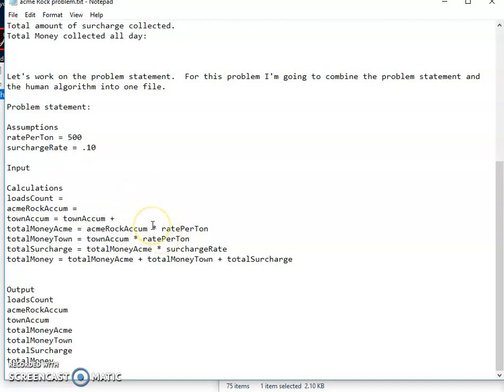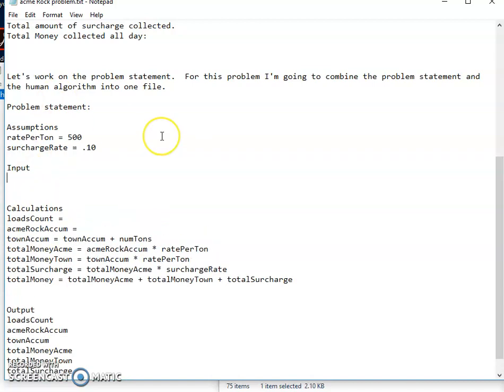We're counting the number of tons. So num tons. So if it's 1 ton the first time, and then it comes in a second time, it's 1 ton plus 1 ton. Now it's 2 tons. So the thing is, I haven't described num tons yet, and that is going to have to be an input. So I'm going to Control-C, Control-V. We don't try to guess what our input is. Our calculations let us know what we need to be counting.